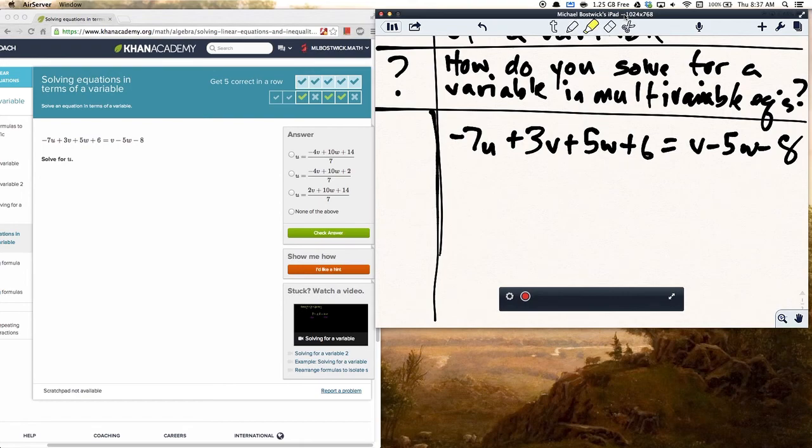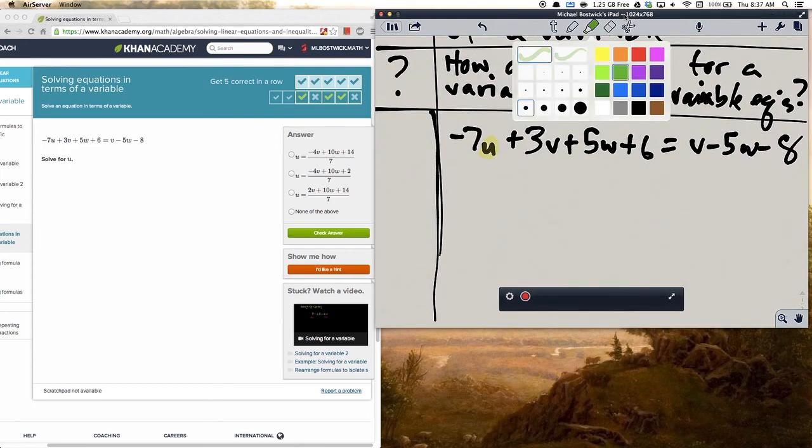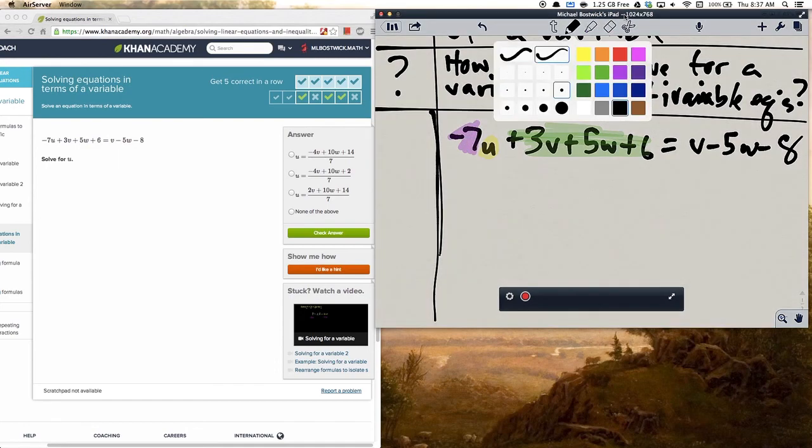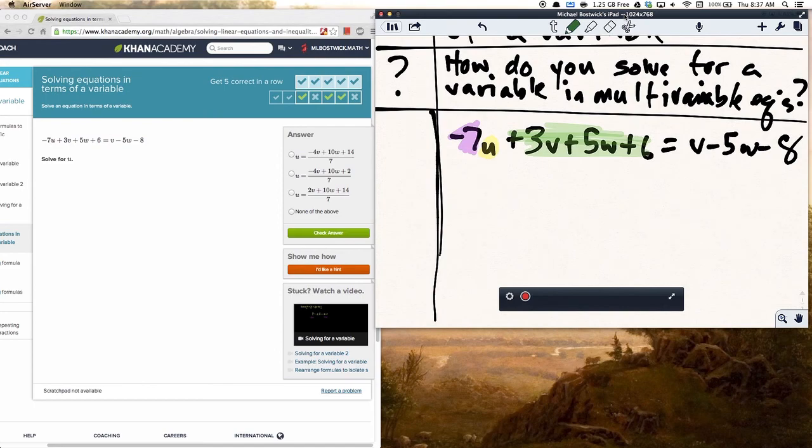It says solve for u, and so I'm looking to solve for this guy right here, which means I need to get rid of all of these things that are here, and I need to also get rid of this negative 7, which is multiplied by u. I'm going to try to color code my steps here. And so this plus 3v plus 5w plus 6, what you'll notice is those things are all added to the term that has u in it. And so I'm going to subtract them to get rid of them.